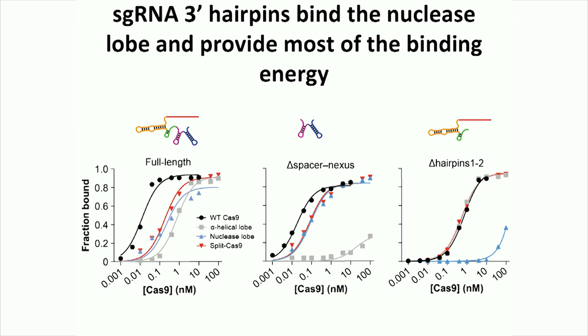And we see the opposite result when we use the other end of the RNA as the binding substrate in the reaction. So it really looks like the two ends of the RNA are contributing differently to interactions with these lobes to assemble the whole complex into a functional form.